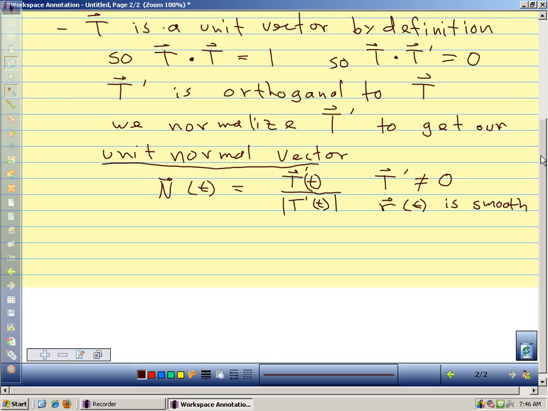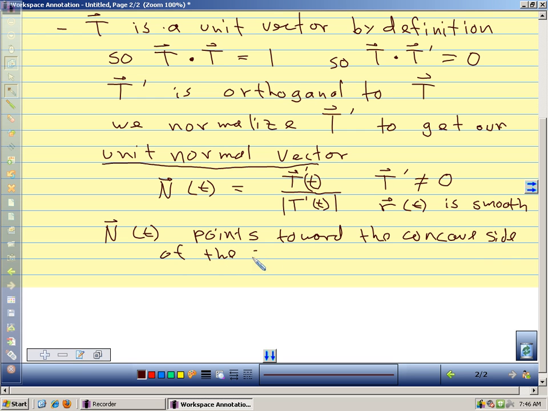A couple of important points about the unit normal vector. N of t points to the concave side of the curve. Or you can think of it as pointing in the direction that the object is turning.